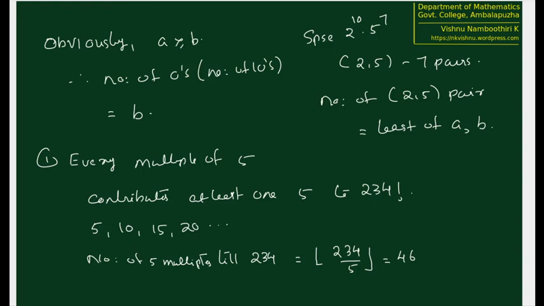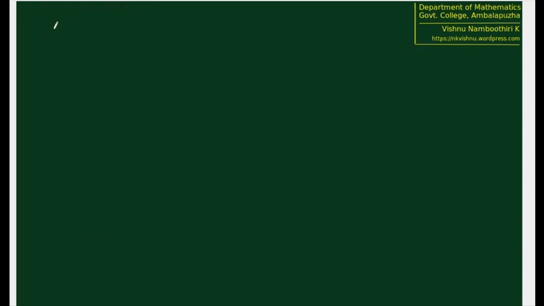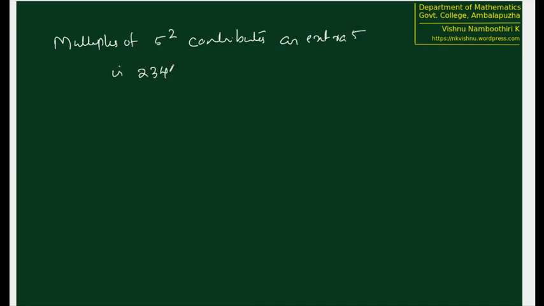Now another observation we have to make here: multiples of 5 square contribute an extra 5 in 234 factorial.